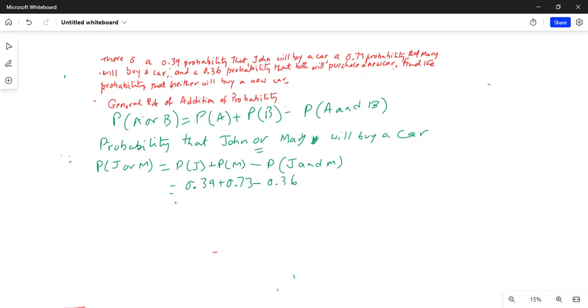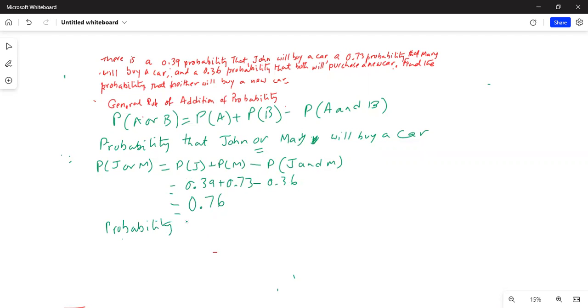So we use our calculator to do the calculation. 0.39 plus 0.73 minus 0.36 is equal to 0.76.